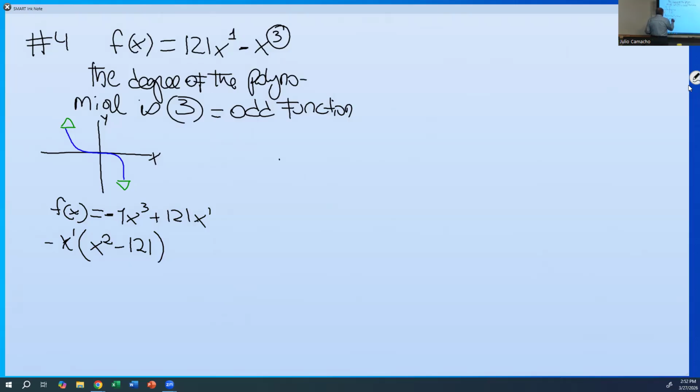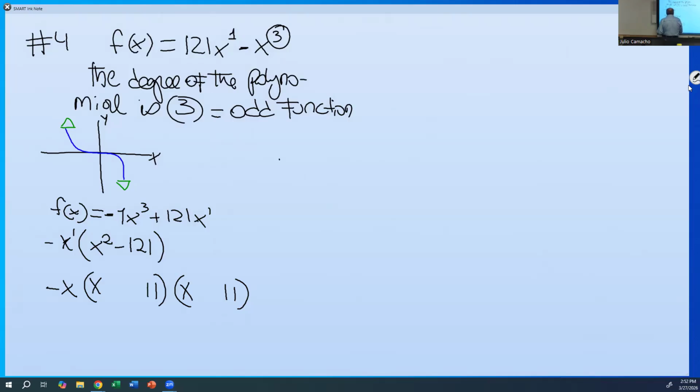And because it's a difference of two squares, we put the negative x outside always. We put two parentheses because when you have a difference of two squares, you can do the shortcut. What is the square root of x squared? It is x, and I put an x in every parenthesis. And what is the square root of 121? The square root of 121 is 11. And I'll put 11 in each parenthesis.